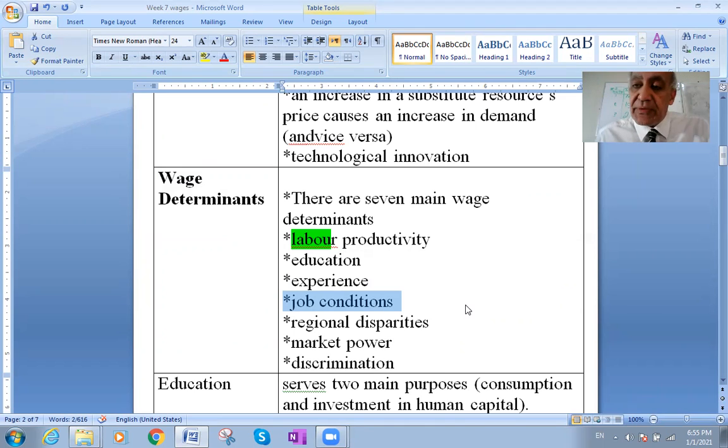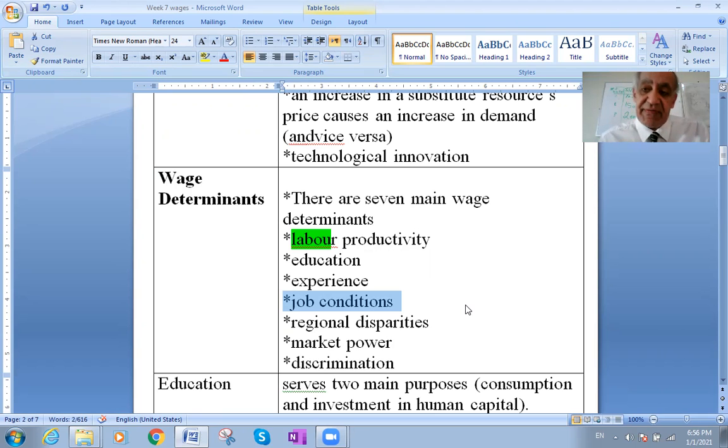The job condition is related to risk. Is this job in a risky environment or not? That depends. As an example, nowadays in the COVID days, doctors, physicians, and healthcare providers have very risky job conditions.